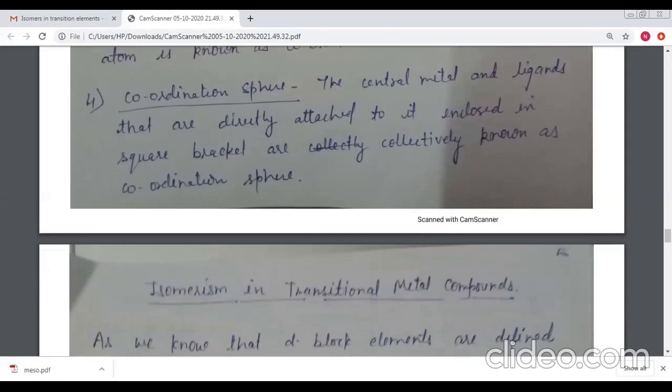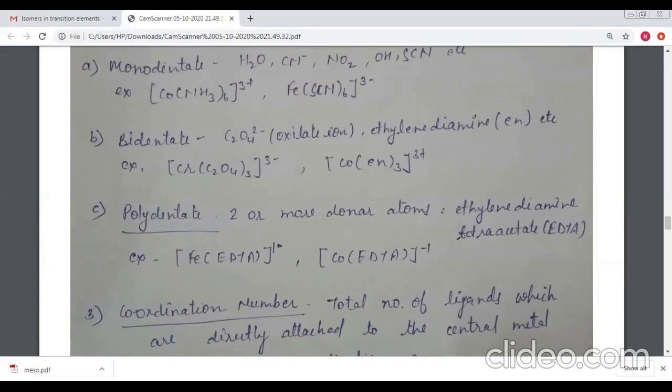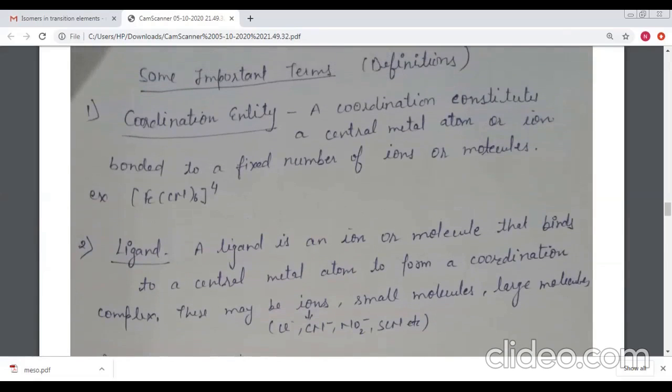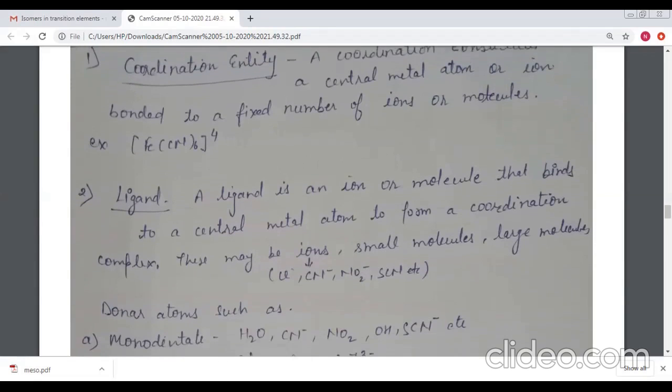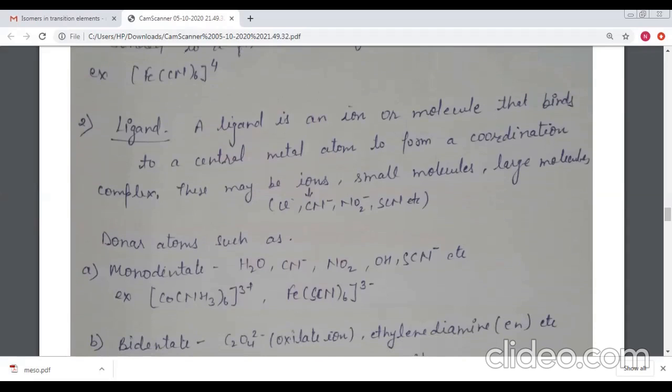These are important terms, very necessary before starting coordination compounds. So I repeat: the coordination entity consists of a central metal atom or ion bonded to a fixed number of ions or molecules. Ligands are the ions, molecules, or neutral compounds that bind to the central metal atom to form a coordination complex.